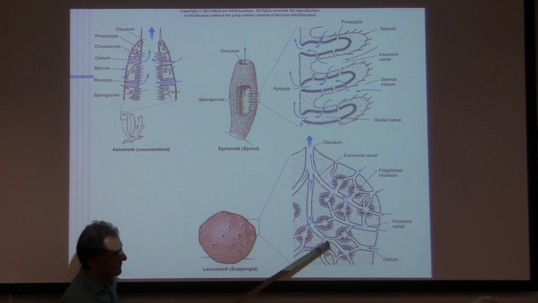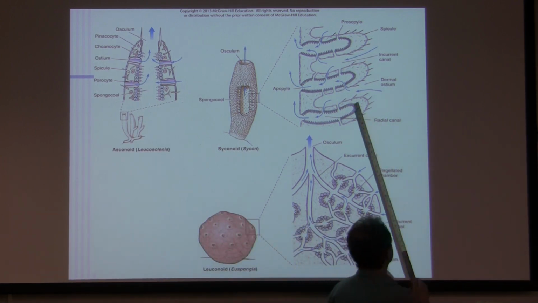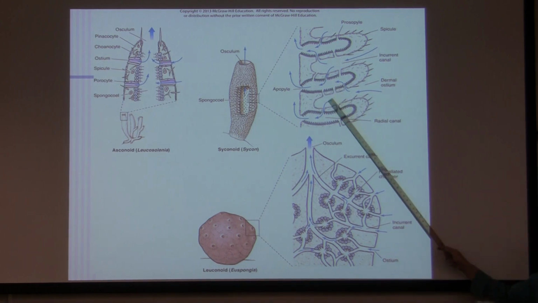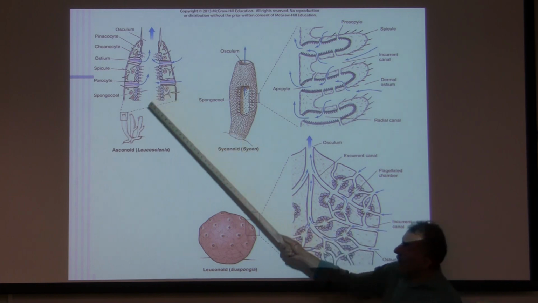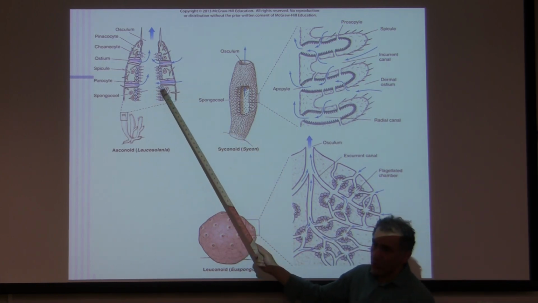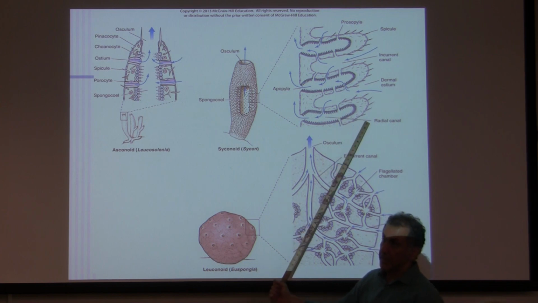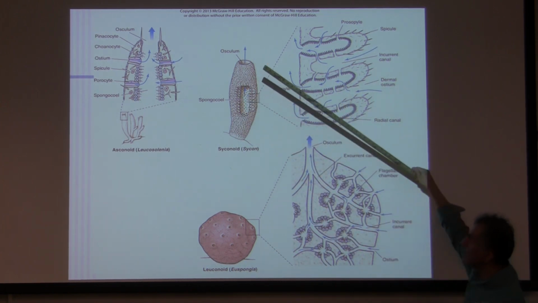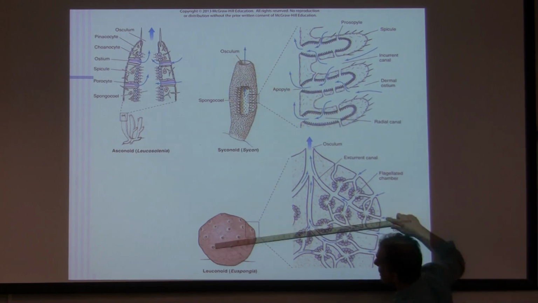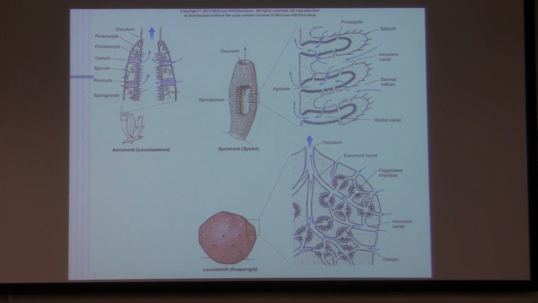So that's what happens in the leuconoid type canal. But this is the main thing I would like you to know. We do have a slide of this. We do not have a slide of this. We do have a slide of leuconoid, but it does not show you the canal system. They cut the sponge longitudinally, so you can see all of those structures in there, and you do see them on your microscope slides. Okay, is there any question before I move?